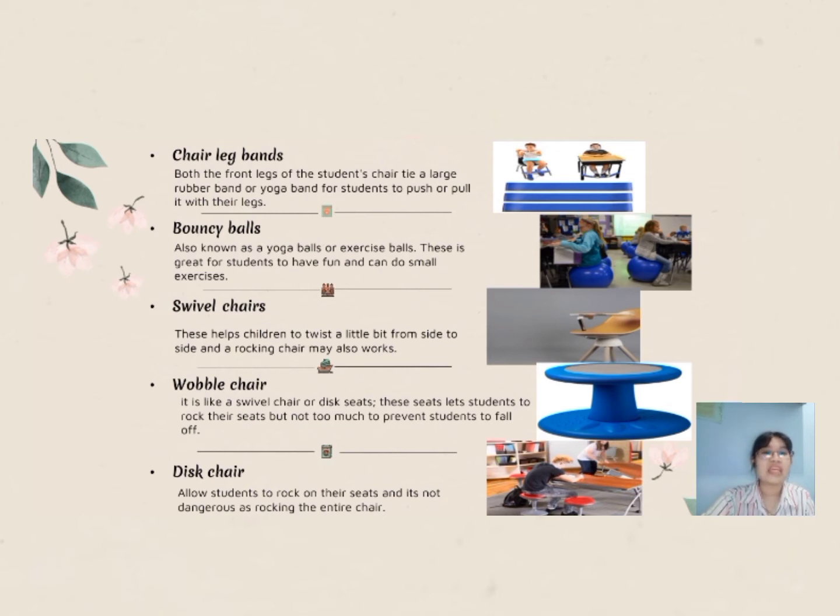Even if you rock that, kung nakababa rin naman yung paa natin, we also prevent ourselves from falling. Kaya gumamit tayo ng wobble chair kapag masyado tayong magalaw within the rocking chair. Pwede rin tayong magpaikot-ikot sa upuan ng wobble chair. Pwede rin tayong ma-fall or malaglag, kasi wobble chair is only one size.